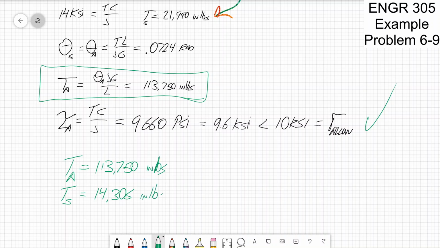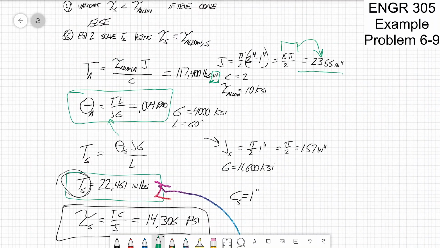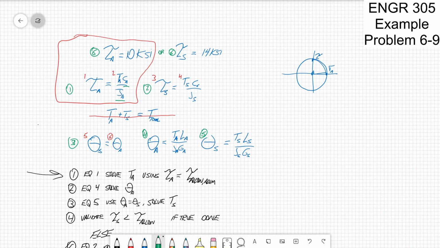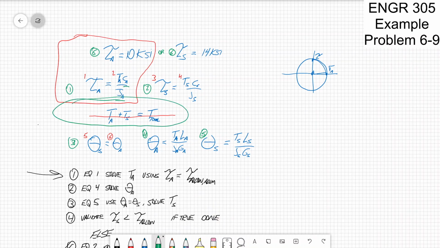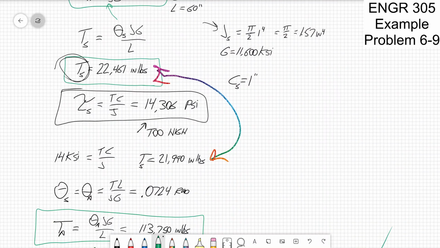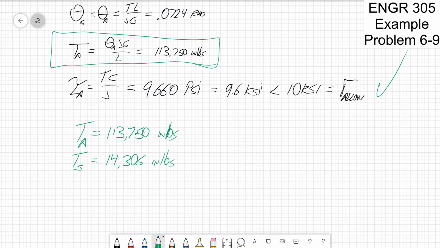And then all the way at the beginning, I wrote down this equation I said we wouldn't use, right here. The total is the sum of those two, which is 128,000 kip inches.